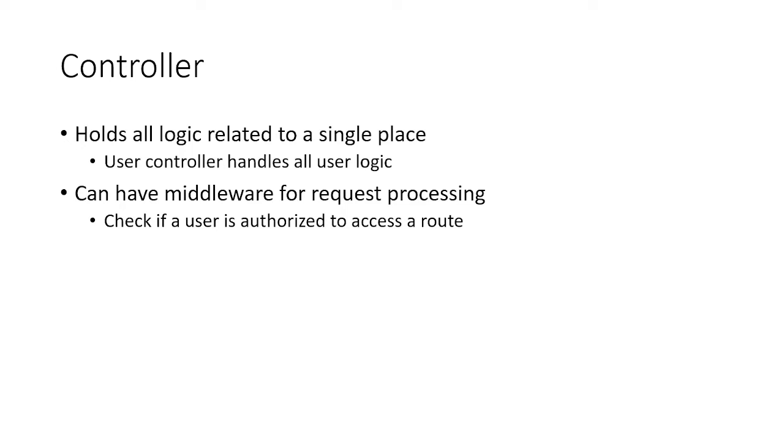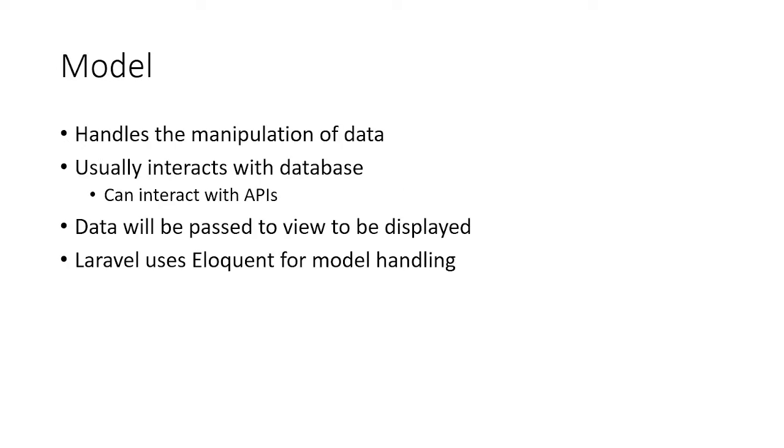All right. So for example, middleware can be used to check if the user is authorized to access a route. All right. Next, we have model. So model basically handles data manipulation. Most of the time, you will use model classes to interact with the database.